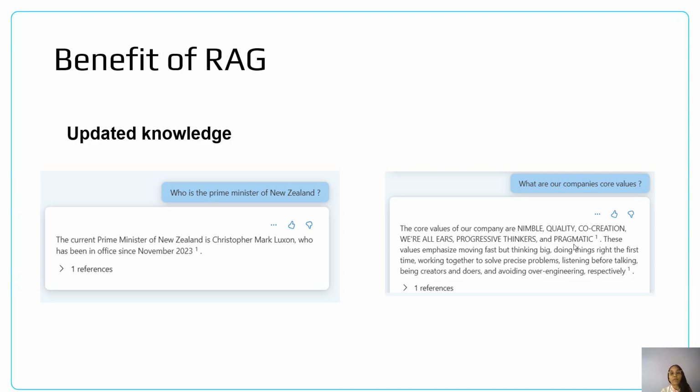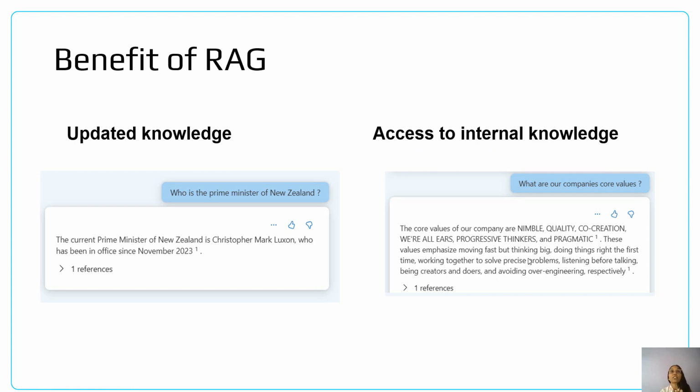These are our company's core values. So that is what it has returned, and here it also returns the reference of the document that it has used to get these facts out. So it has access to the internal knowledge as well.